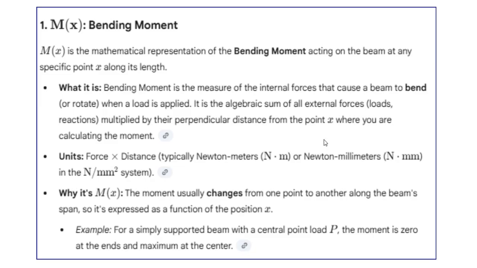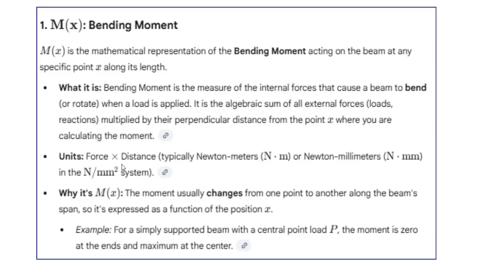So bending moment is a measure of the internal forces that cause a beam to bend or rotate when load is applied. It is the algebraic sum of the external forces, loads and reactions, multiplied by the perpendicular distance from the point x where you are calculating the moment.